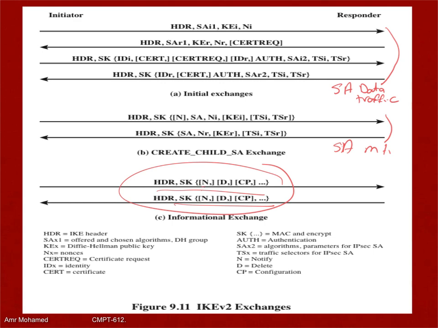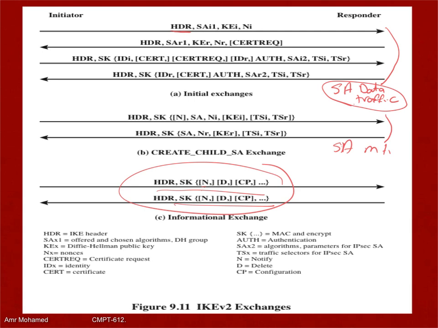So let's dig down back. In negotiating the security association for the data traffic, first we send what we call the IKE header, and this header only exchanges the cookies, to mitigate the clogging attack.